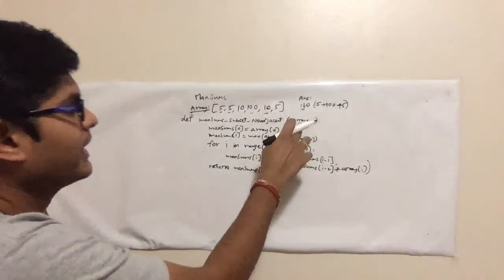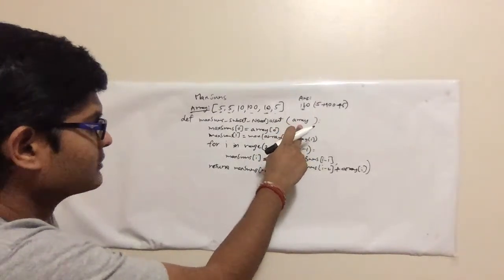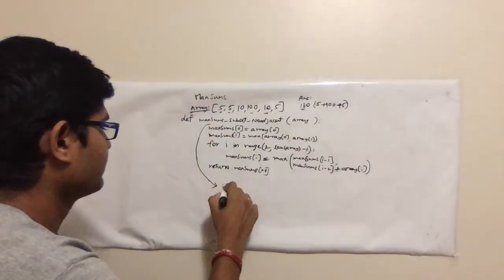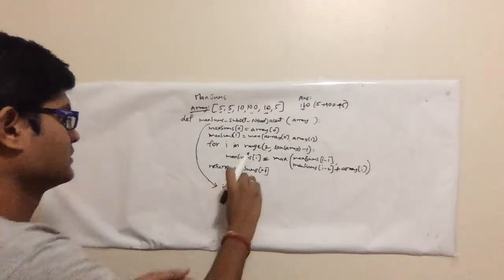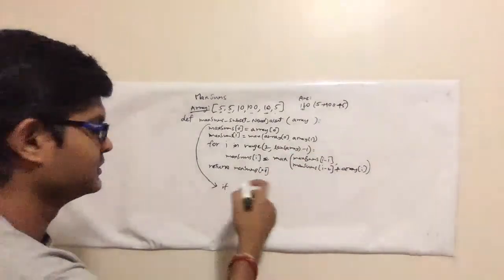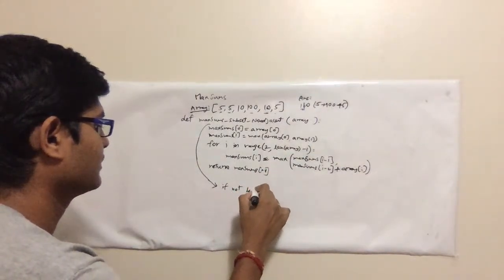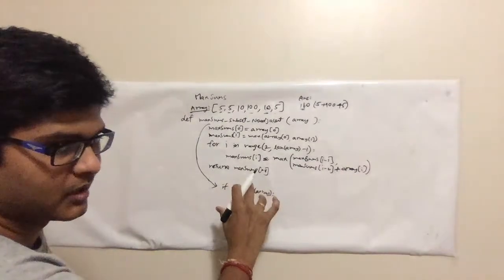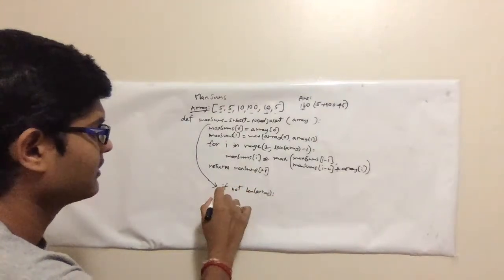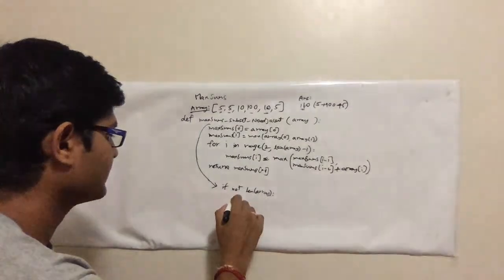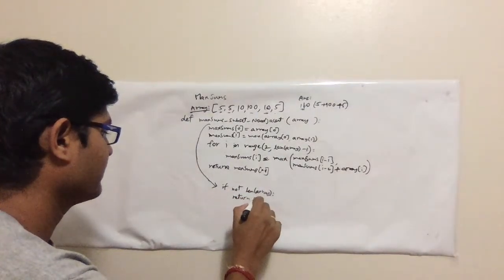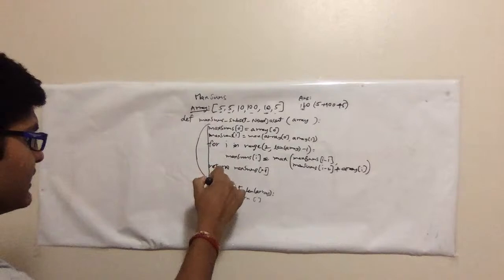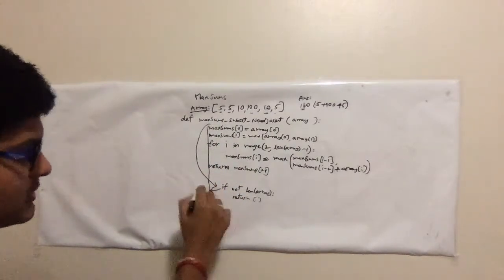Say, if the array is an empty array, we need to return an empty list. So if length of the array is equal to 0, or if not length of the array, since length 0 becomes false, then not of false is true, then return an empty list, which should be the answer. This would be in the same line as this.